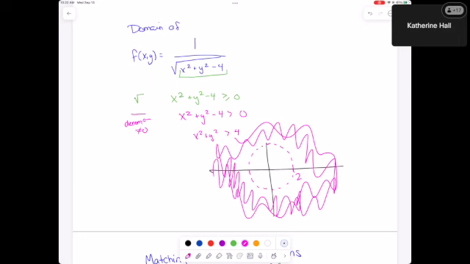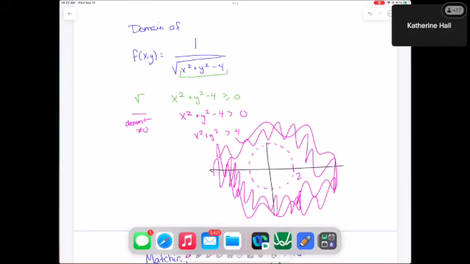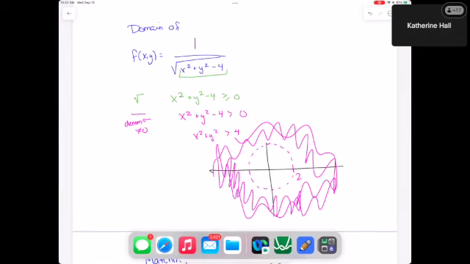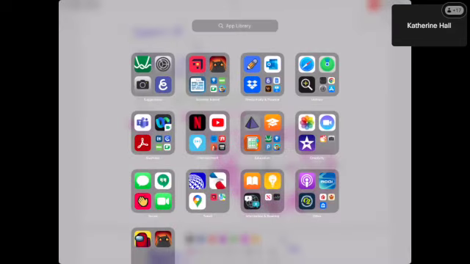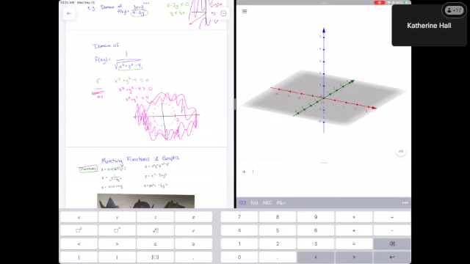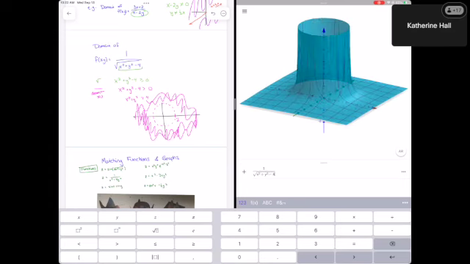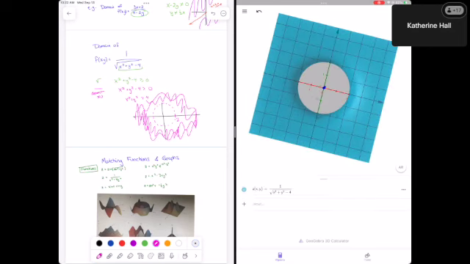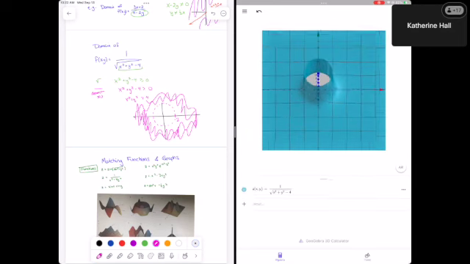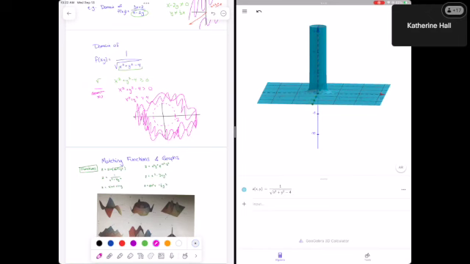Should we see what that function looks like a little quick? Let's do it. Where's my GeoGebra at? So if I put this function in, 1 divided by the square root of x squared plus y squared minus 4, we can see that this function, even if I zoom out, is going to be approaching infinity as I hit that circle, and then it's going to have a huge gap in the middle.